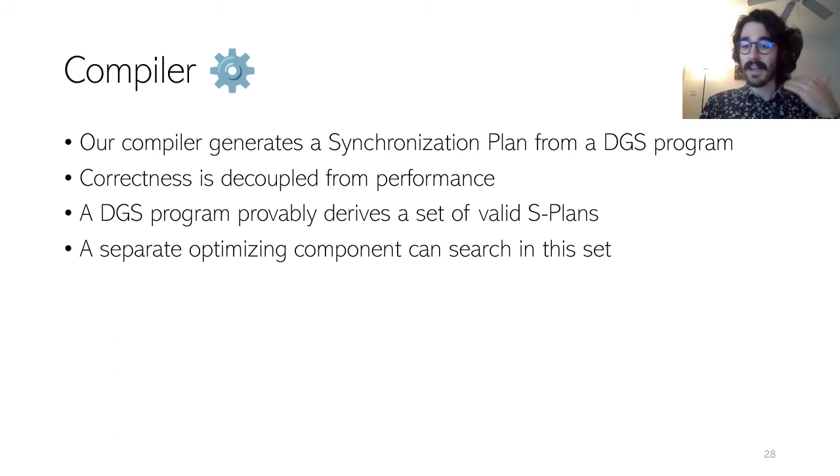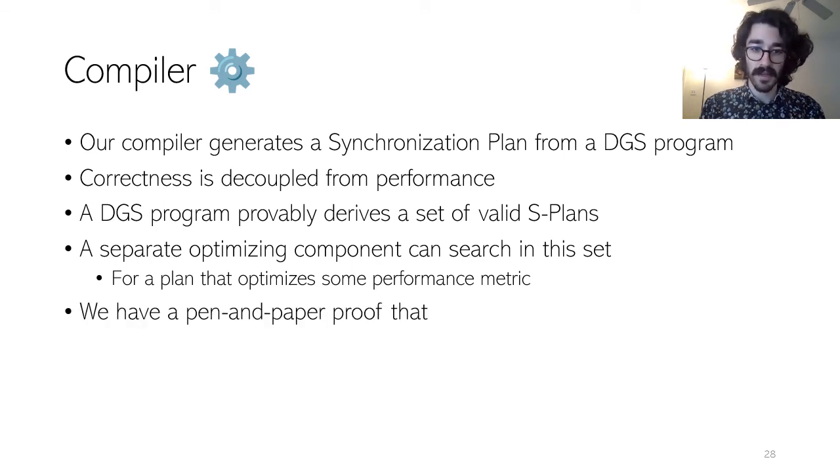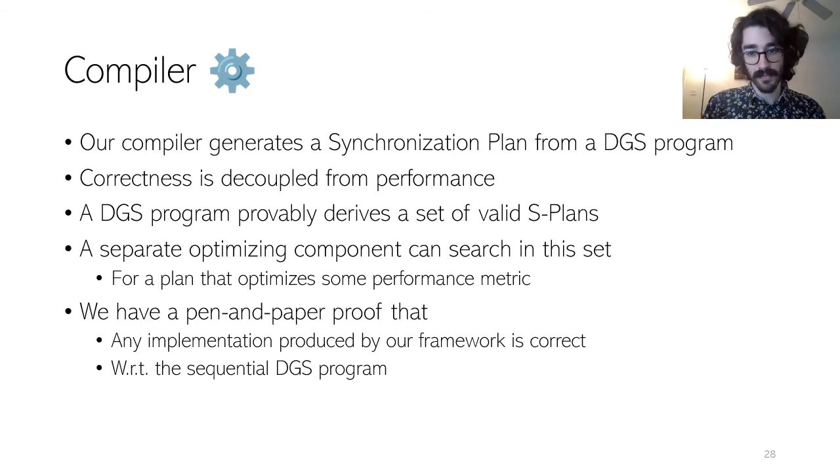And in our implementation, we have implemented an optimizer that tries to collocate computation with the input, but one could develop different optimizers that optimize for different criteria as long as they search in this set of valid synchronization plans. And choose a different performance metric to optimize for. In the paper, we have a pen and paper proof that any implementation produced by the framework is correct with respect to the sequential DGS program that the user wrote.